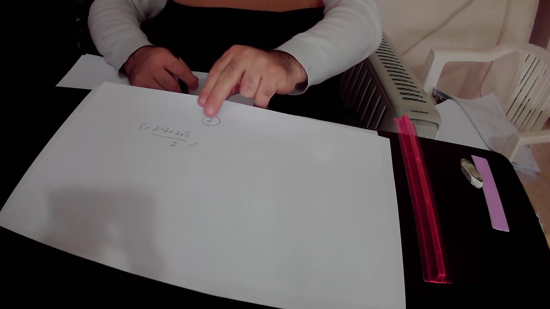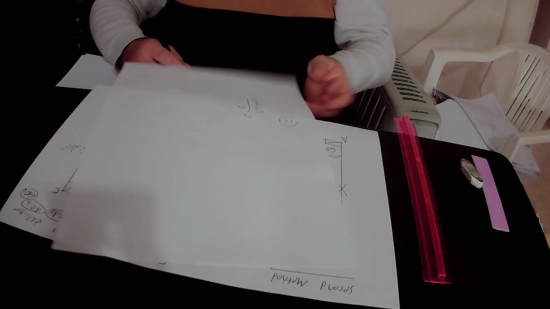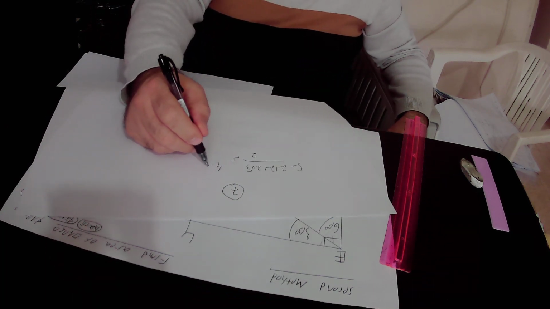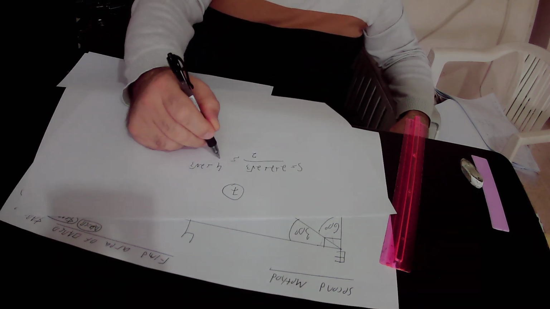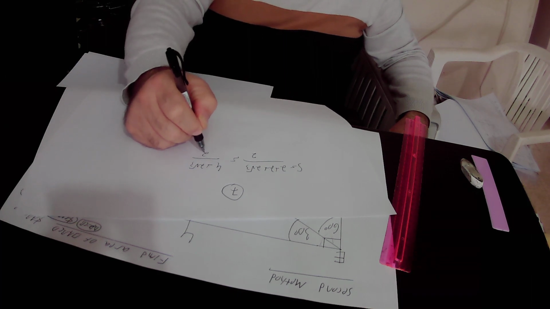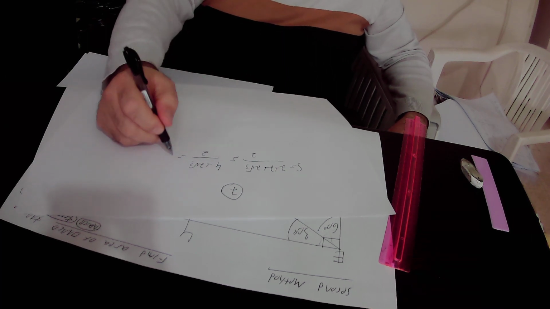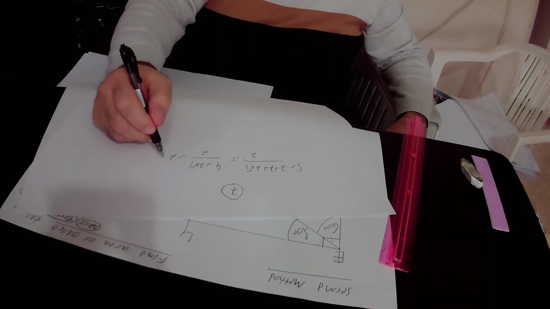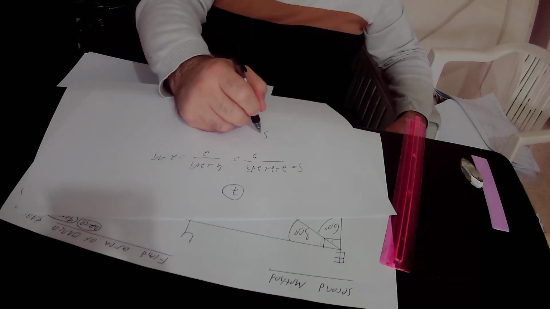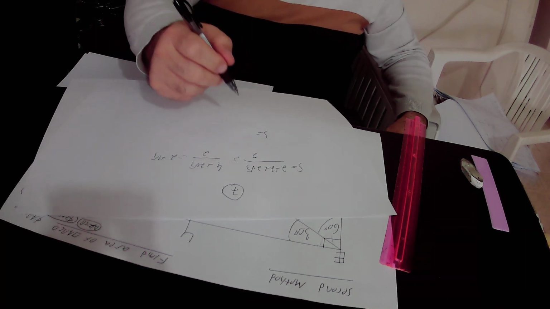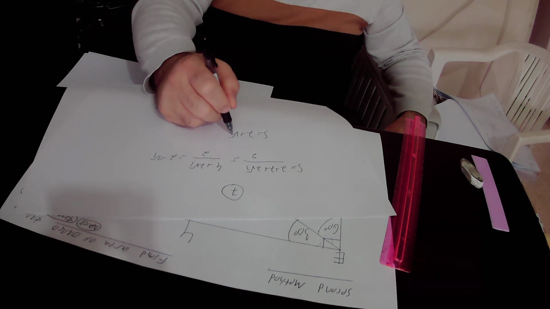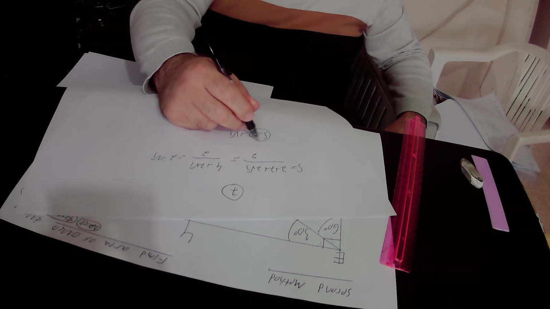So here 2 plus 2 is 4. 4 plus 2 times square root of 3 over 2. 4 over 2 is 2. 2 times square root of 3 over 2 is square root of 3. So we found out that the semi-perimeter of triangle ADC equals 2 plus square root of 3 units.